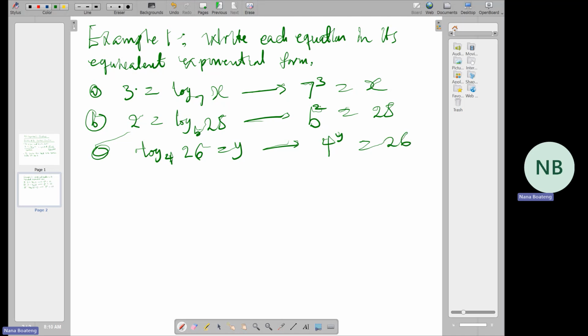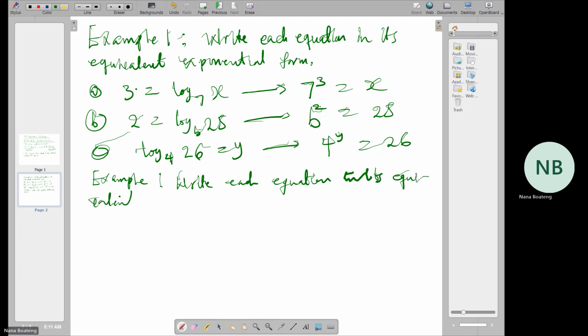Let's look at another example where we convert the exponential form to the logarithmic form. So example 2. It says write each equation in its equivalent log form.